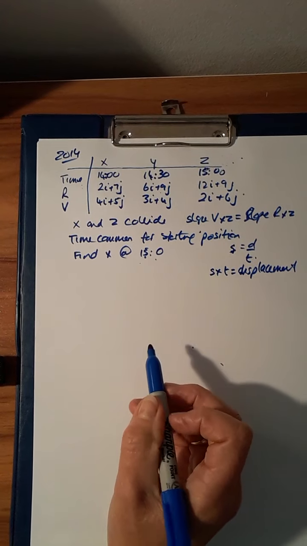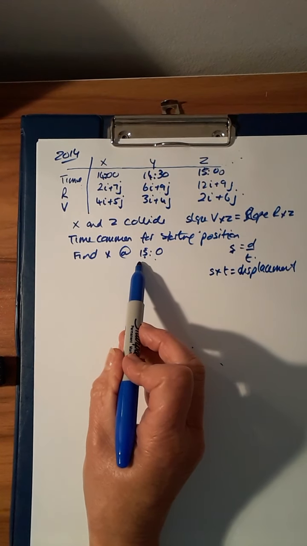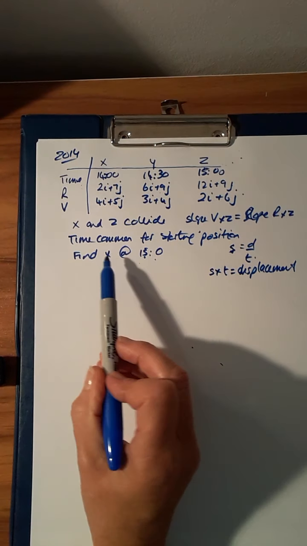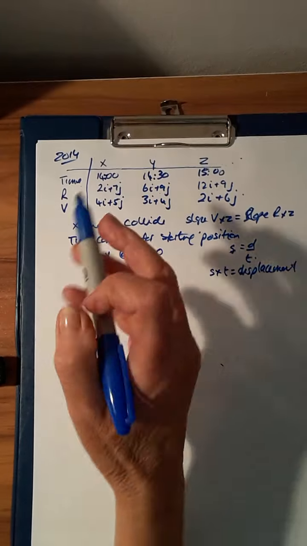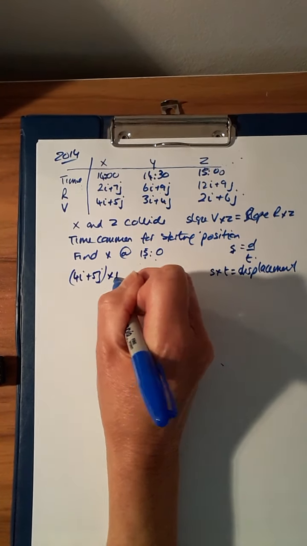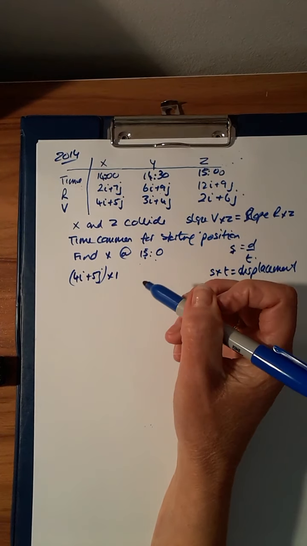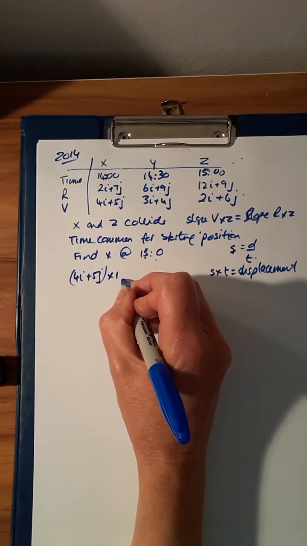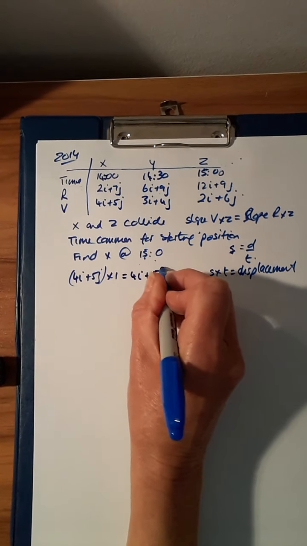Right then, so let's find the position of x at 3 o'clock. So I'm going to multiply its velocity, which is 4i plus 5j, by 1 hour, because it's going to take it to 3 o'clock, and see where it is at that stage. Okay, so that's going to just be 4i plus 5j.